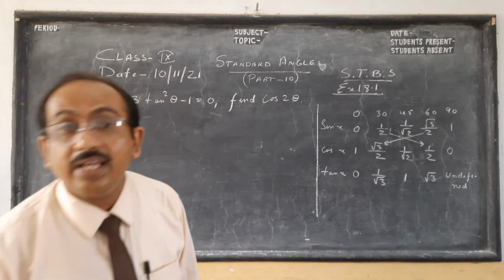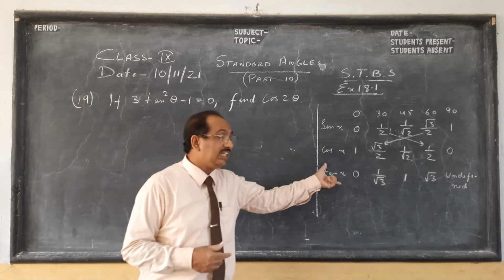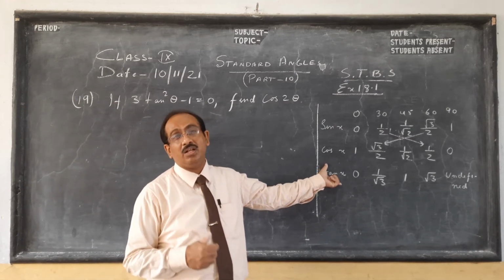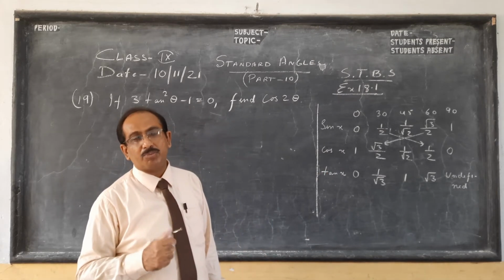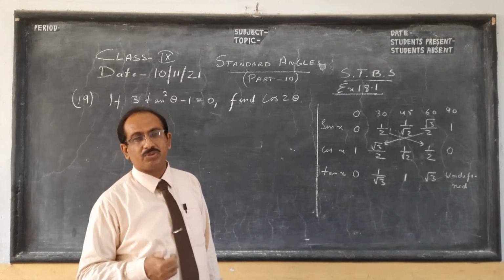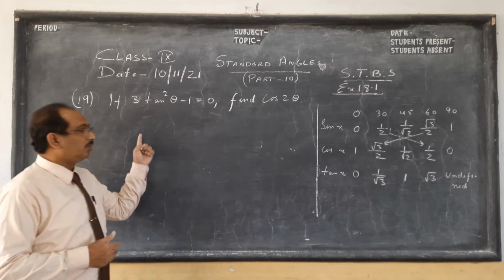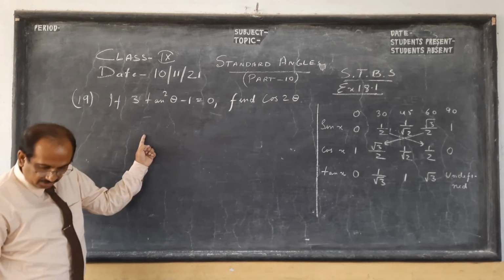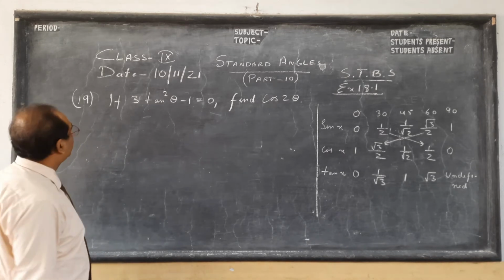This concept of standard angles, especially tan, has huge application in that chapter, and one question always comes in ICSE from height and distance. If you know the height, you will know the distance. If you know the distance, you will know the height, provided you know one of the angles. We will see. So after this question, I'll conclude my video with one of those questions, 24 or 25.